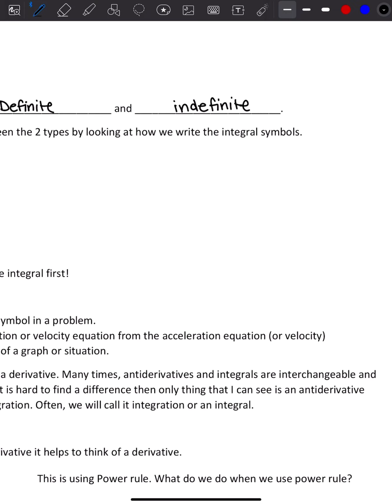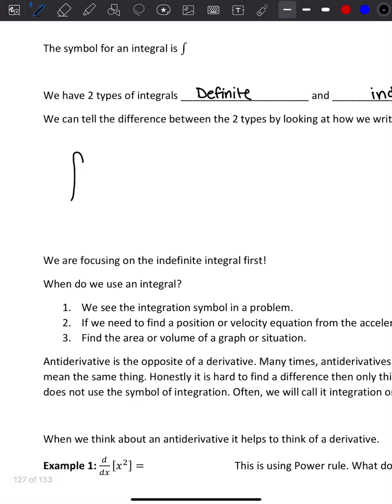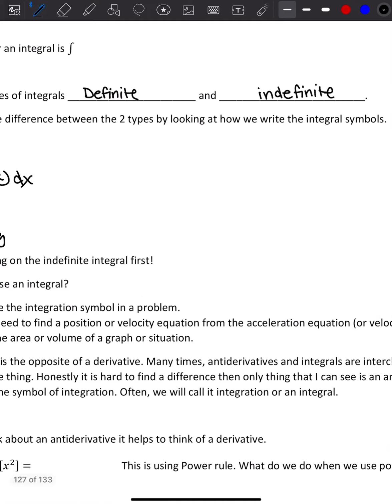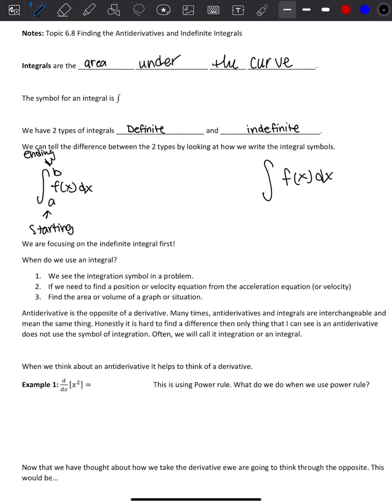It'll be really easy to tell the difference between the two because a definite integral has numbers or bounds. So we have a starting and ending value, and then our function, versus an indefinite, which is just our integration symbol, our function, and dx.